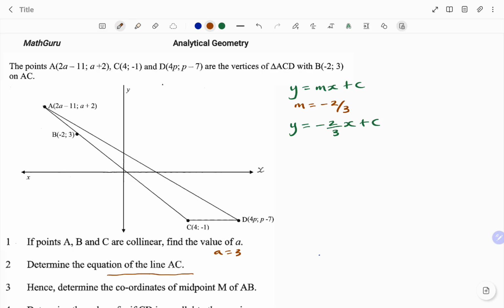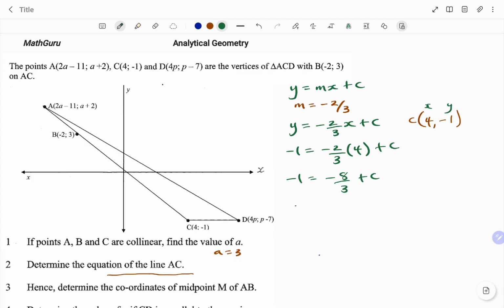I'm going to pick any of the coordinates of A or C in order to find the value of c. So using the coordinates of C, x is 4 and y is -1. I'm going to substitute that into my equation. This is my x and this is my y. So I have -1 equals -2/3 times 4 plus c. If I work that out, I have -1 equals -8/3 plus c.